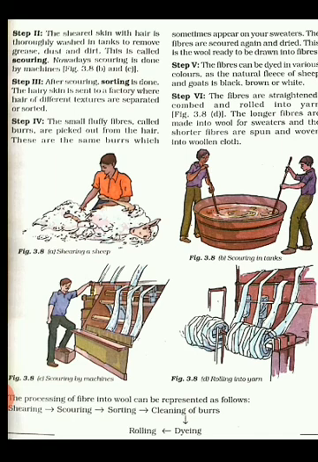Now the fourth one is drying. You must have seen small burrs in woolen sweaters. Burrs are small fluffy fibers. In this stage, the burrs are picked out from the hair, and it is washed again and dried. Now the next step is dyeing.